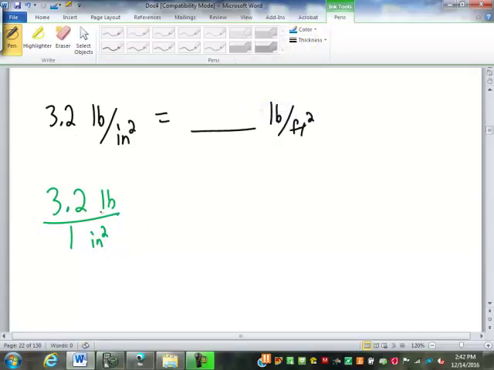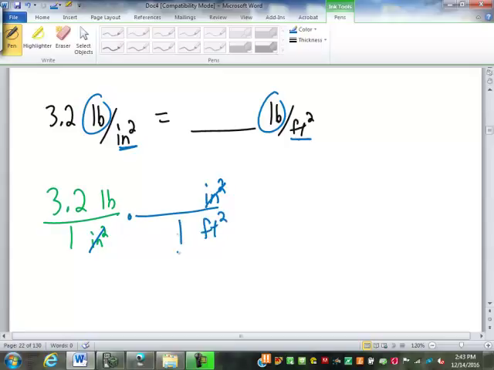Do we need to change the pounds? Nope, we're starting with pounds on top and we're ending with pounds on top. That does not need to change. But we are going from square inches into square feet, so that has to change. Now the square inches are on bottom, so to make them cancel out, we have to put them on top. So the square inches are going to cancel out, so square feet will have to go on bottom.